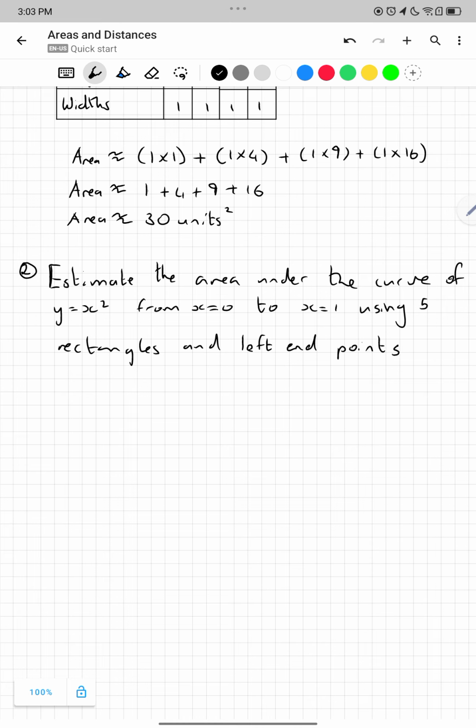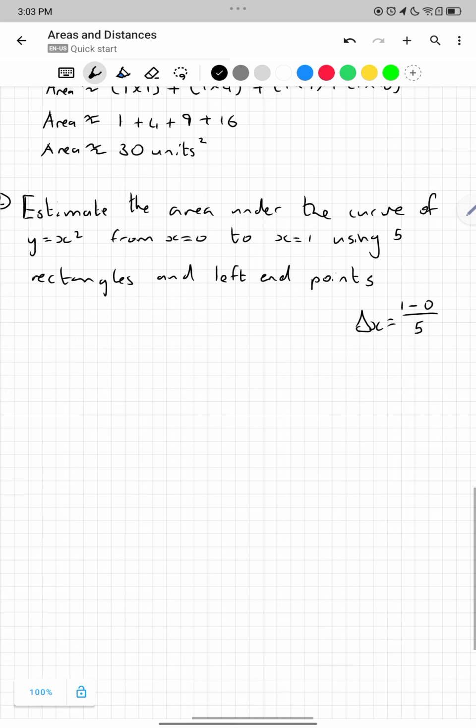So I'm going to start by calculating the width, which is equals to 1 minus 0 divided by 5. So it's going to be 1 over 5 or 0.2.